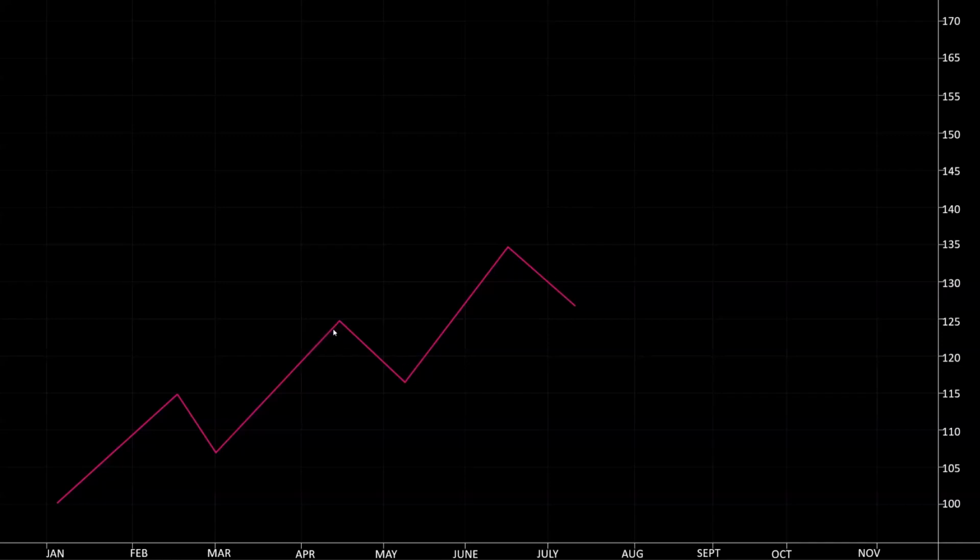As you're seeing nothing but higher highs and higher lows, if that's the only thing we're seeing, we're just going to trade bullish. As long as that trend is bullish, we want to trade that trend.